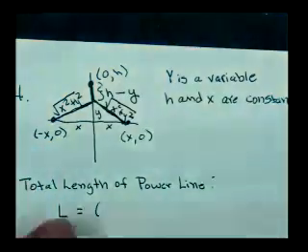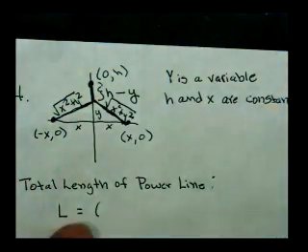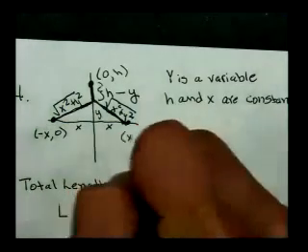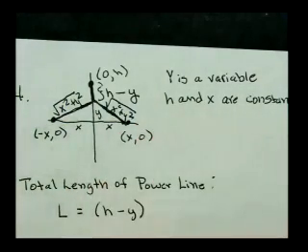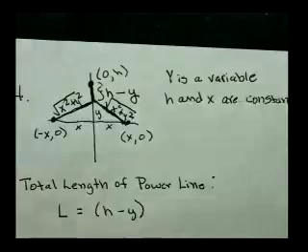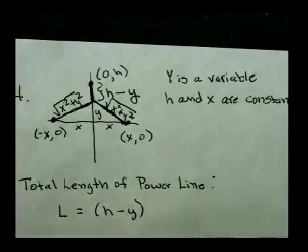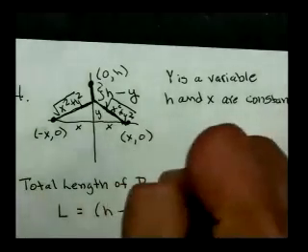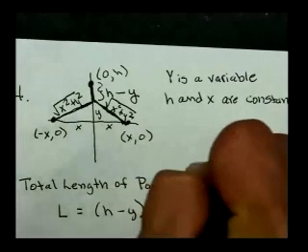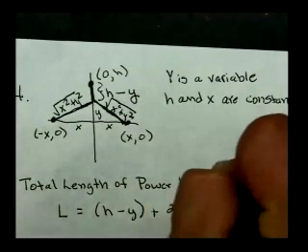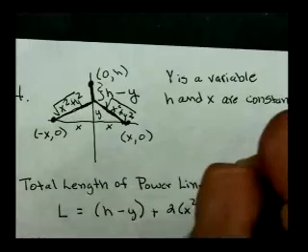And the same thing here. Very good. And I have two of those. So I'm going to say h minus y is the length that the power line is joined, and then 2 of the x squared plus y squared to the 1/2.